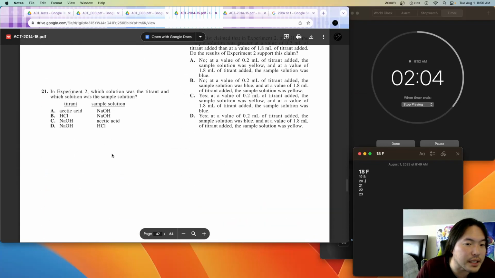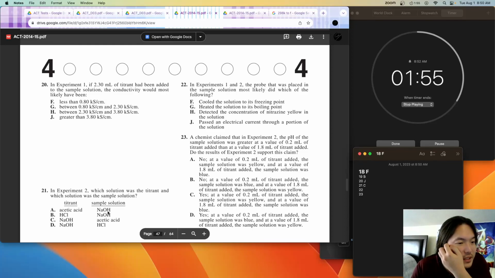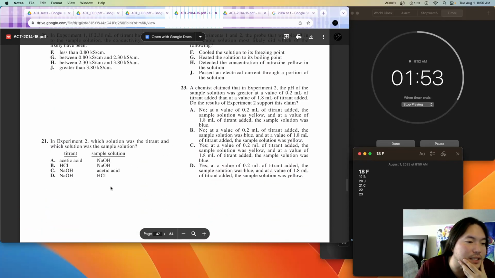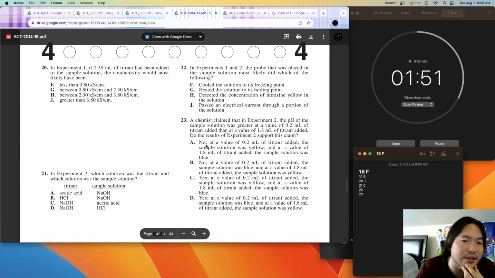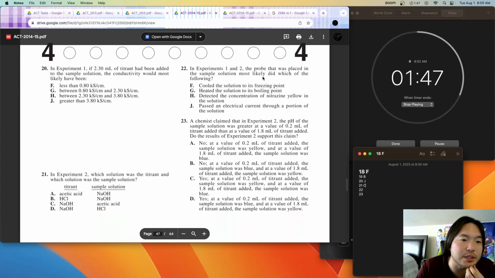I'm going to skip that one for now. I guess the answer has to be C, actually, because none of the other ones even mention acetic acid. Is it possible that the acetic acid is the titrant? I don't think so.